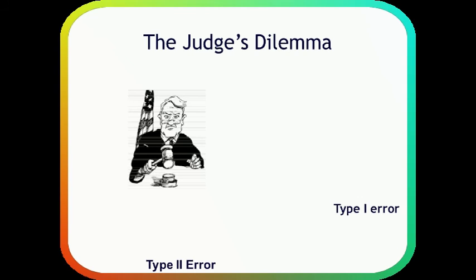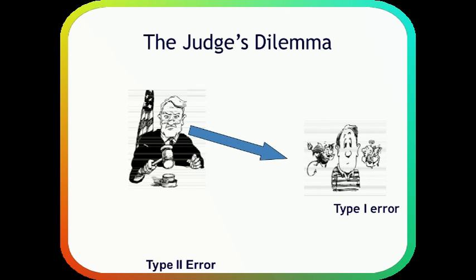So when you are talking about a criminal trial wherein the judge is sitting in order to give his judgment, and giving the decision whether the defendant is innocent or guilty, if an innocent person is considered as guilty on the basis of evidence provided or no evidence provided, the judge is making what we call a type 1 error, wherein an innocent is not considered as innocent, whereas he is considered as guilty. So that's about type 1 error.